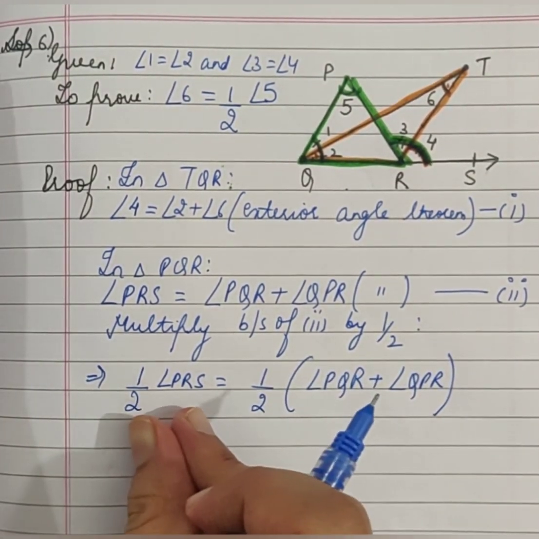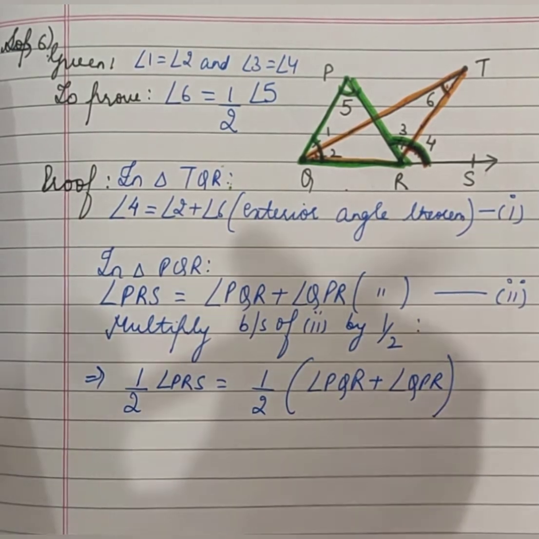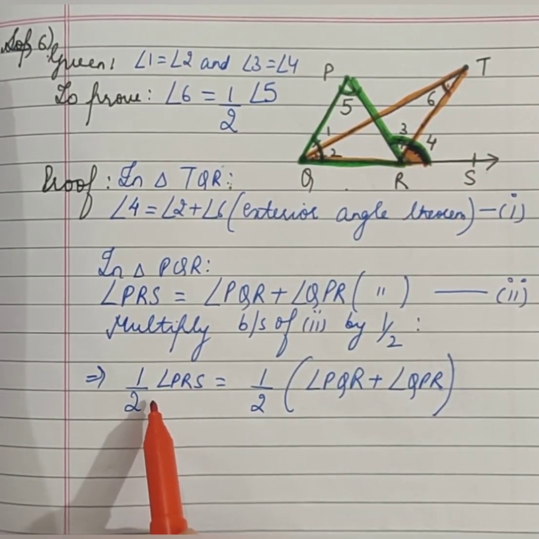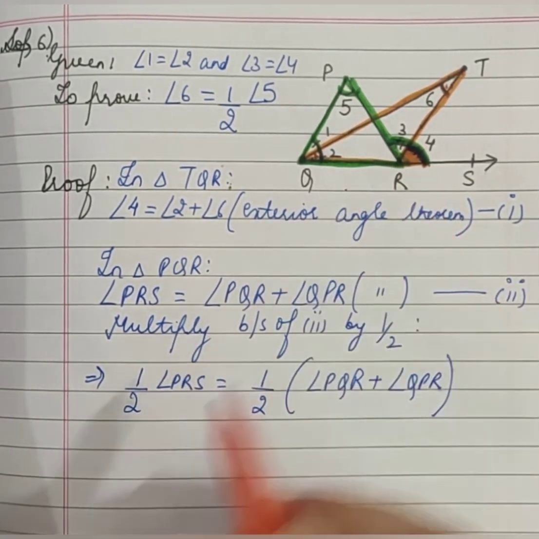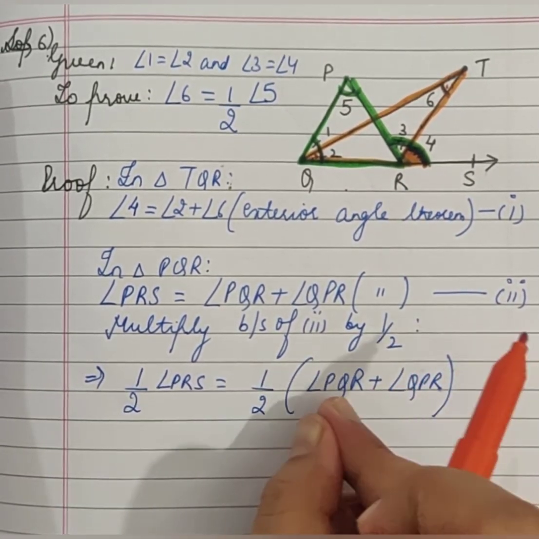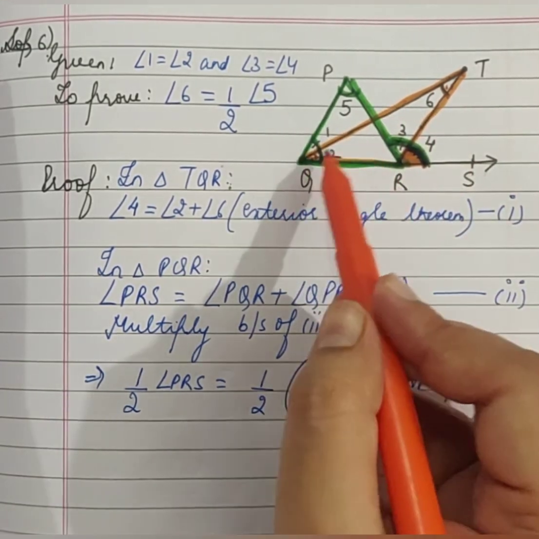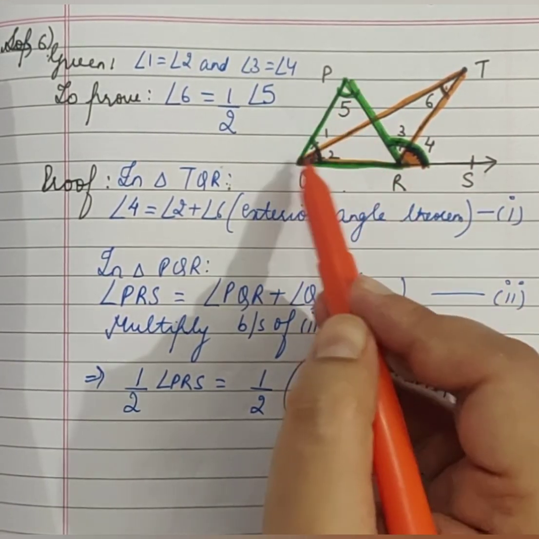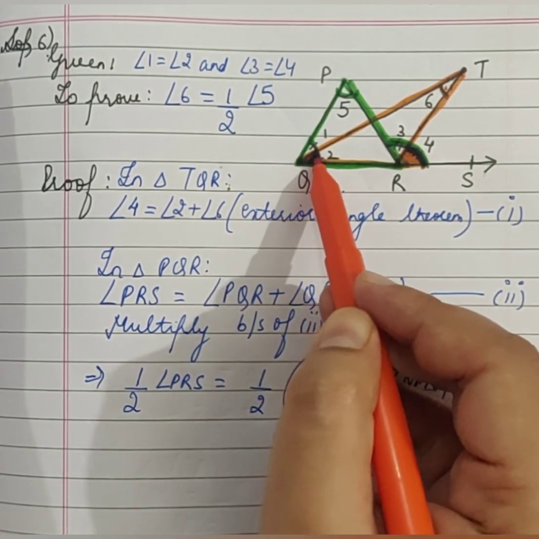See, what is half of angle PRS? Half of angle PRS is angle 4. Half of angle PQR can be written as angle 2.